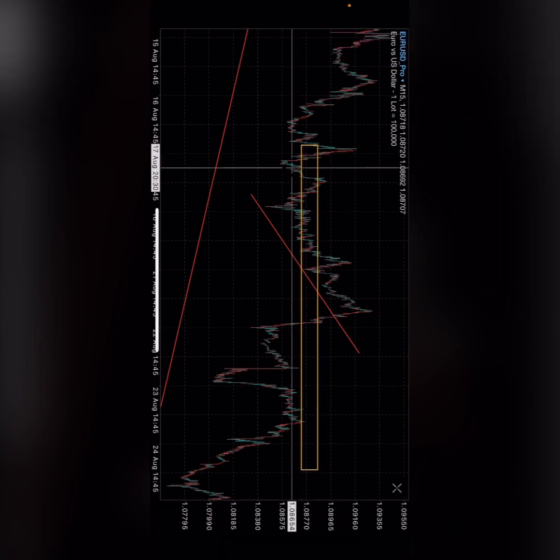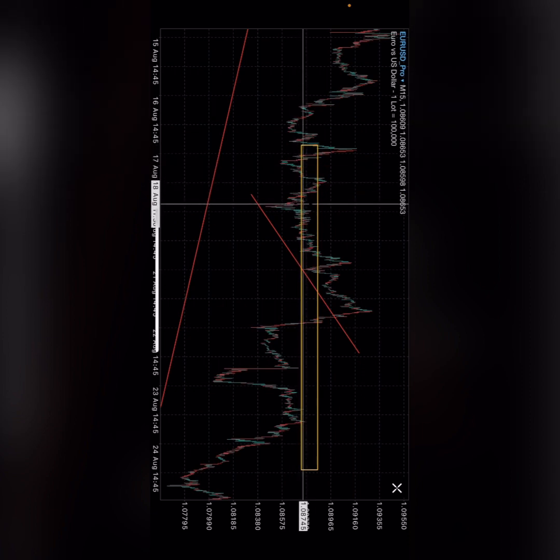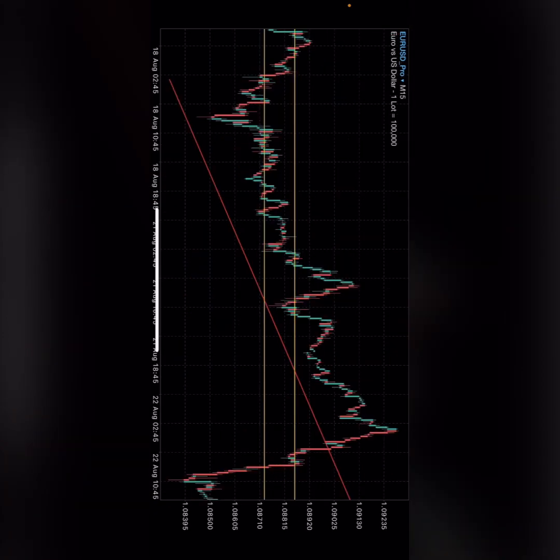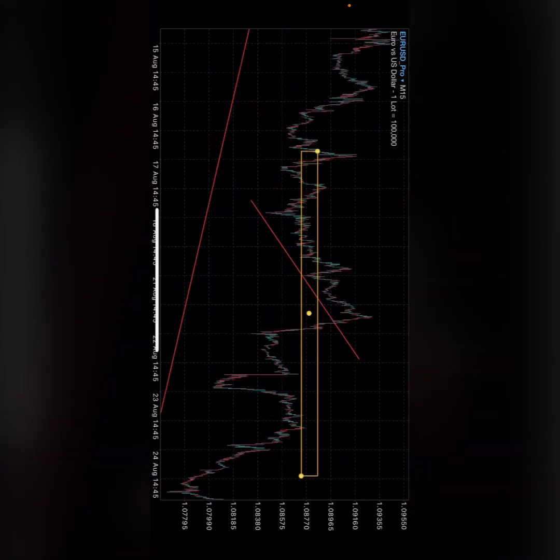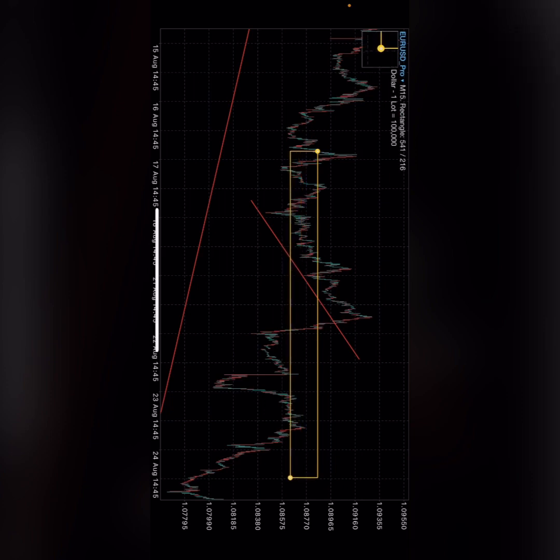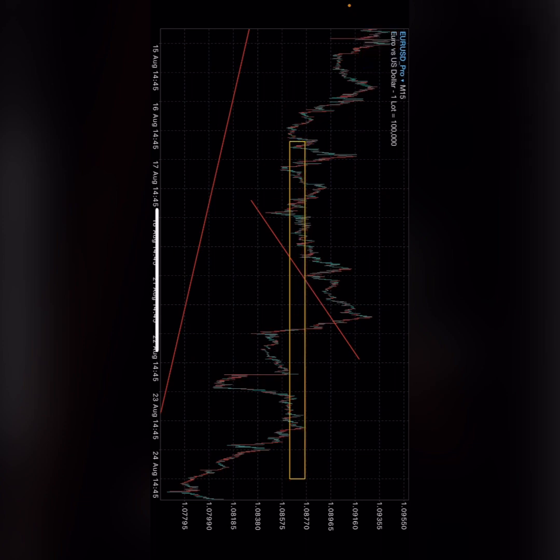Exactly. So we know that whenever price got here, it reverses. We can see. Let me zoom it for us to see. So I think we just have to make this big to accommodate everything. Yeah. This is it right here.